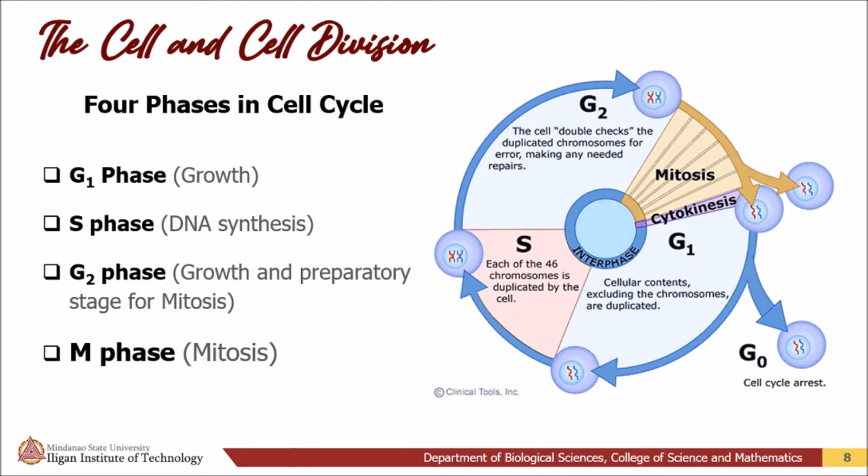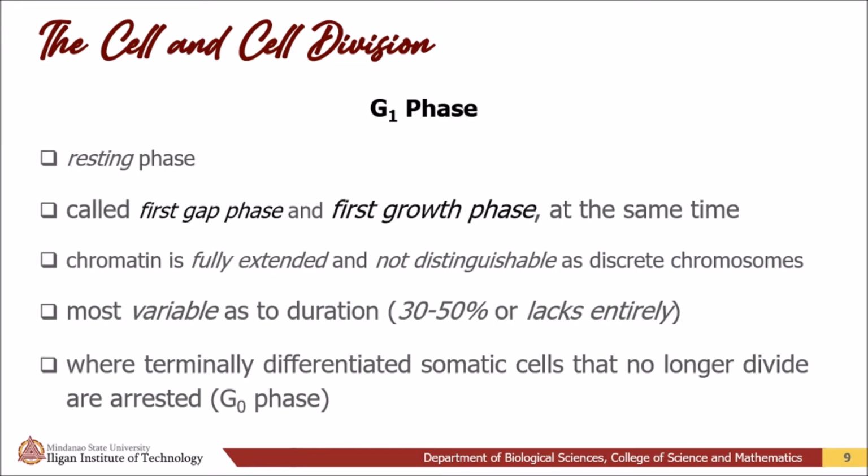The cell cycle is divided into four phases or stages. We have the G1, the S, the G2, and the M phase. Let's start with the G1 phase. G1 is an intermediate phase occupying the time between the end of cell division in mitosis and the beginning of DNA replication during S phase.